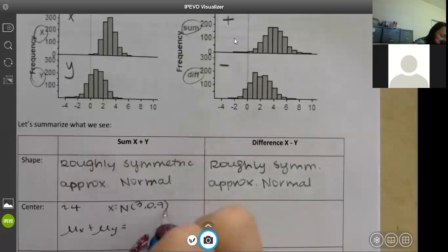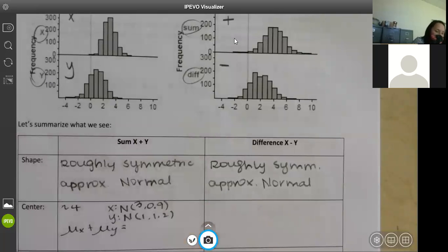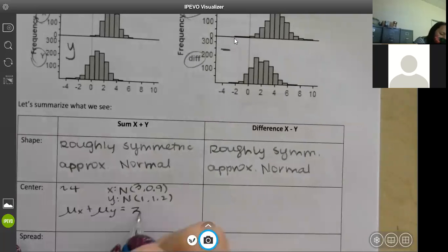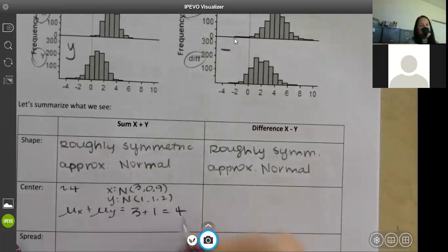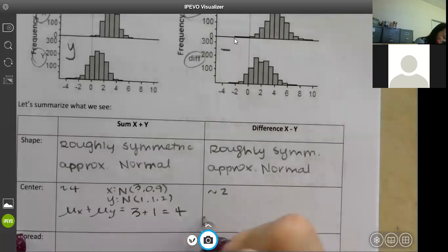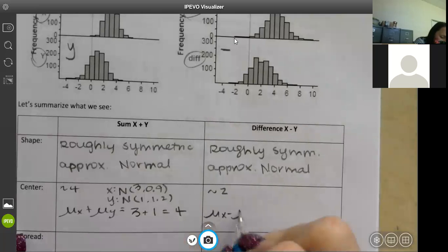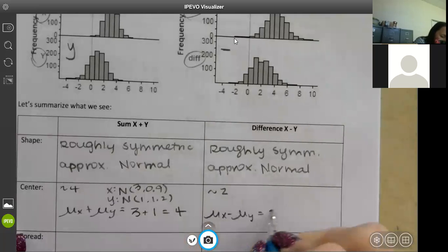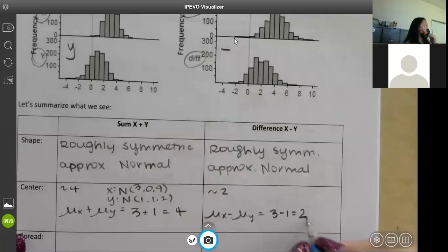I don't want you to think that I'm making stuff up; that was from your problem. So the mean of X was 3, the mean of Y was 1, so that would be 4. You're absolutely right. If you look at the difference, the center of the difference is going to be approximately 2, which makes sense because the mean of X minus the mean of Y is 3 minus 1, which is 2.